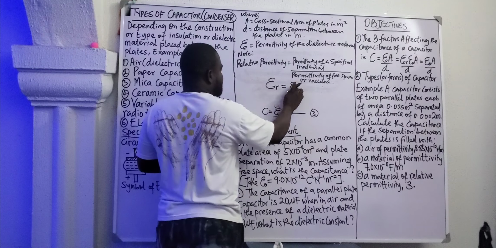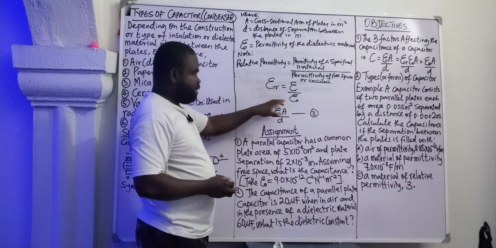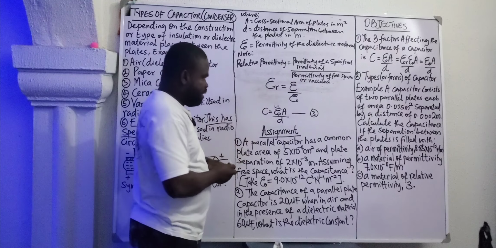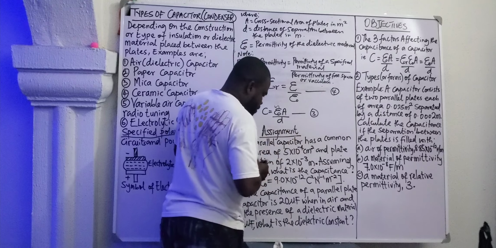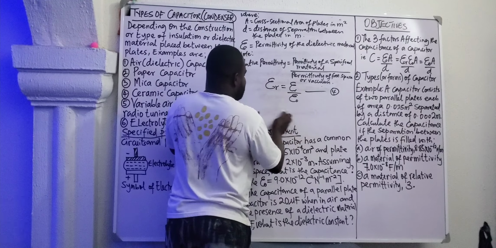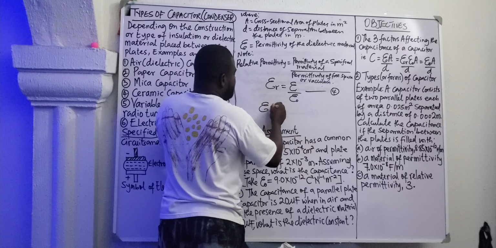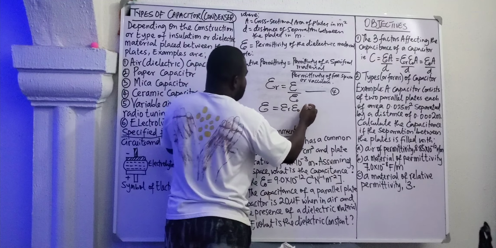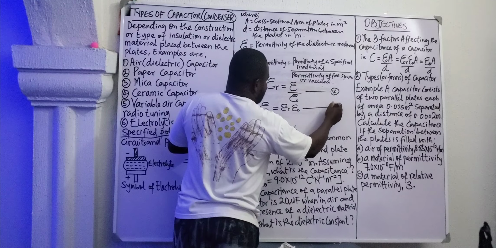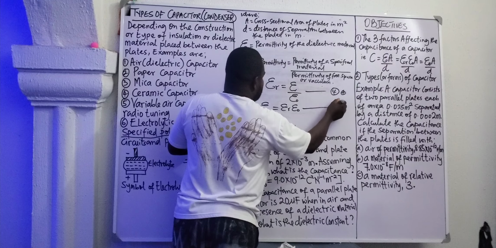Good. Which means in a question where I know the relative permittivity and I know the permittivity of air, if I cross multiply, call this equation 4, I'm going to have that the permittivity of that material will be equal to the relative permittivity multiplied by the permittivity of vacuum. Let me call this equation 4a and this 4b.